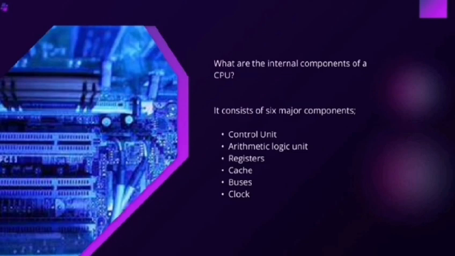Inputs: the ALU receives input data from registers or memory and a control signal specifying the operation to perform. Processing: based on the control signal, it performs the desired operation. Output: the result of the operation is sent back to registers, memory, or other parts of the CPU.